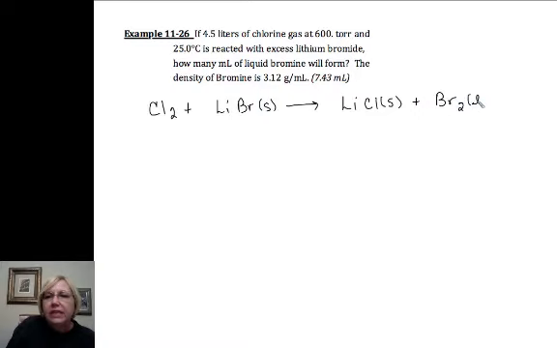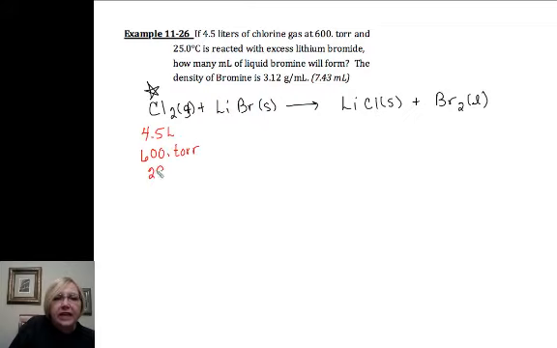Now you notice that our only gas is the chlorine gas. So that's the only thing to which we can apply our ideal gas law, PV = nRT. Now we're given our starting conditions of 4.5 liters and 600 torr and 298 Kelvin.